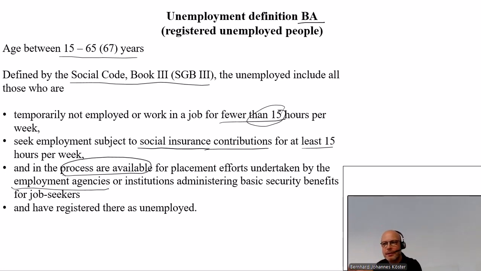It was somehow like this, that almost every month you had to show up at the employment agency, that you are still there, and that you had made efforts to get a job. And this we then changed, and this is the actual situation, that right now you only have to show up every half year or almost only 1 year at the employment agency.